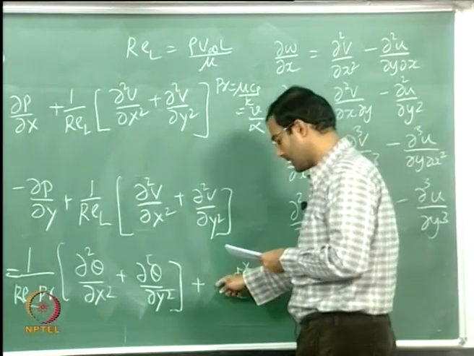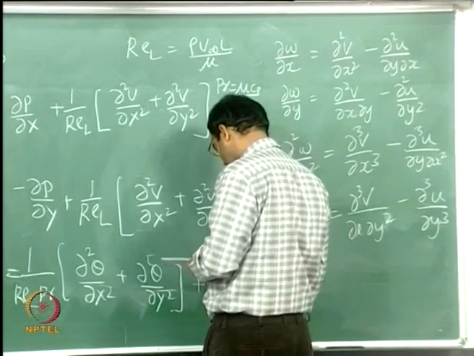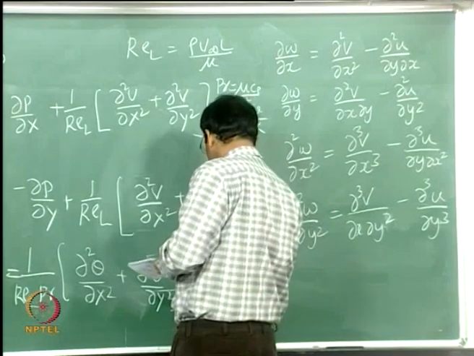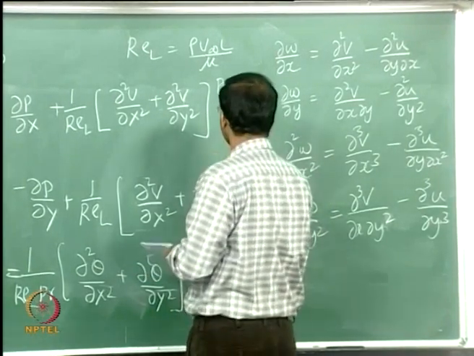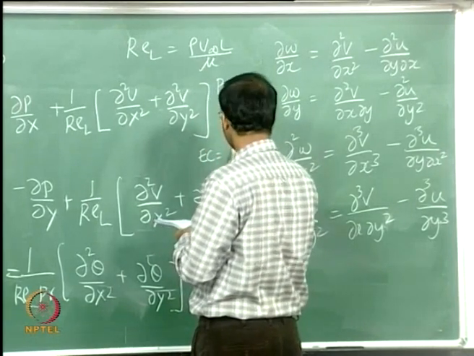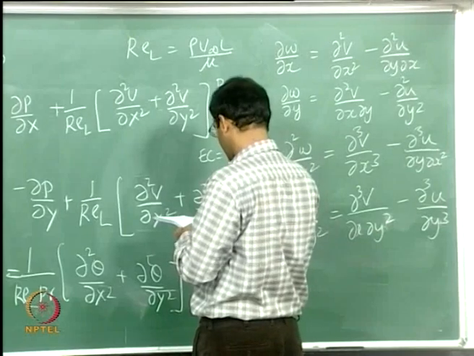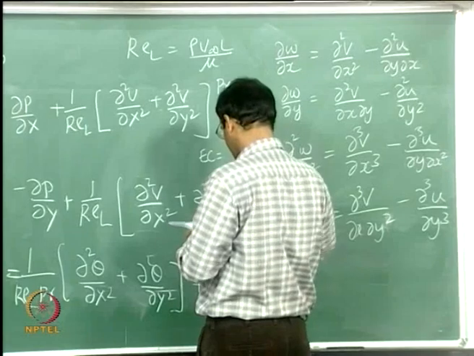And finally here I am just going to introduce a non-dimensional number which probably you have not encountered. This is what is called the Eckert number by Reynolds number here, where your Eckert number is defined as u infinity square by Cp into T wall minus T infinity.